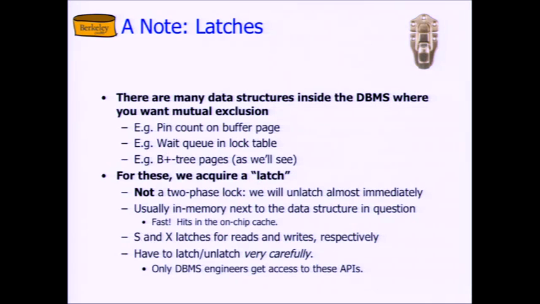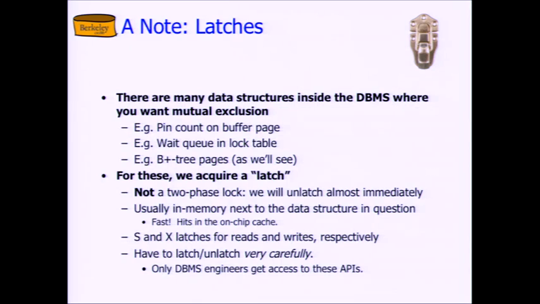So let me give you a little more detail on latches. What's a latch? Well, before I do it, why do we need them? There are lots of internal data structures inside the database system where we've been playing kind of sloppy in our discussions. But there are places where you need mutual exclusion to avoid screwing things up. Remember in the buffer pool, there was a pin count on the pages? Two transactions might want to increment that pin count at the same time.